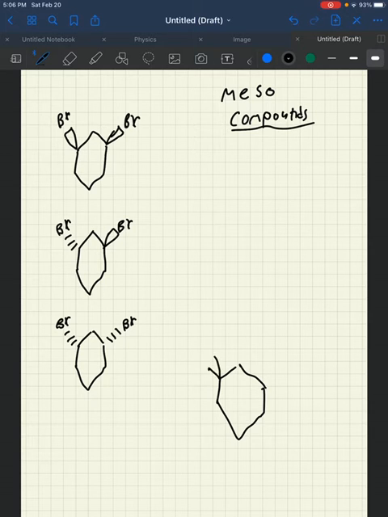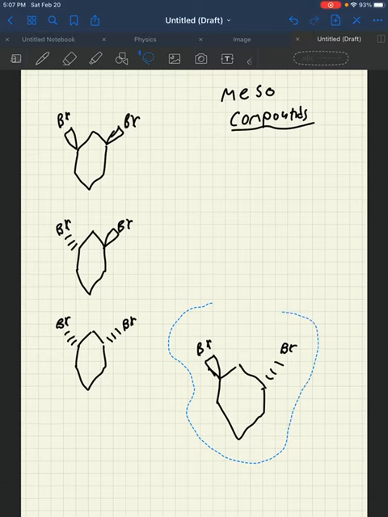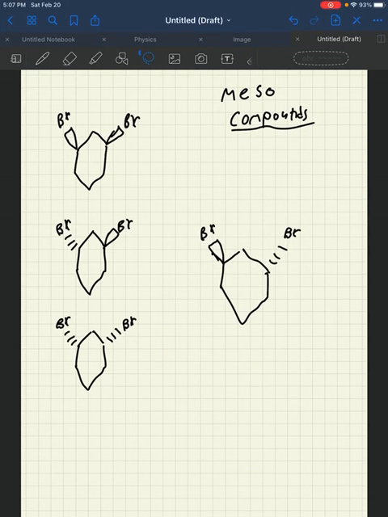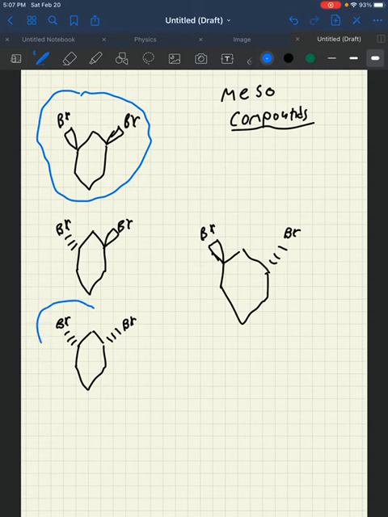So, now that we have all of our uniquely drawn stereoisomers, is there anything you guys can tell me about these compounds? Well, if you realized that this one right here and this one right here are the exact same compound, then you're 100% correct.